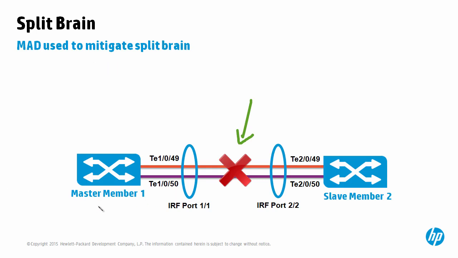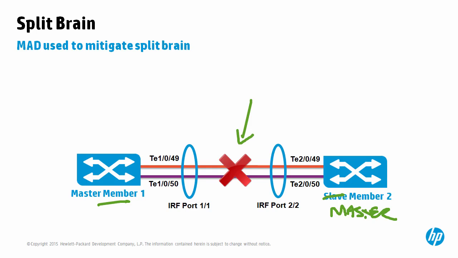Both switches would believe that they are the master device in their local IRF system that's split from the other device. They cannot see each other using the IRF port, so they now believe that they are the master device. This causes confusion in the network, as multiple physical devices are stating that they are the single IRF device.